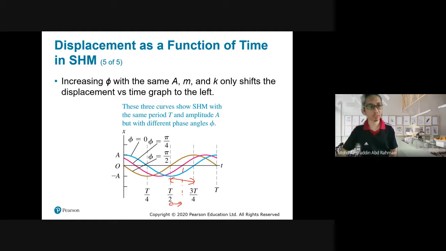We have 2 pi, and half of that we have pi. Half of this, that's why we have pi over 2, and half of that, of course, we have pi over 4.